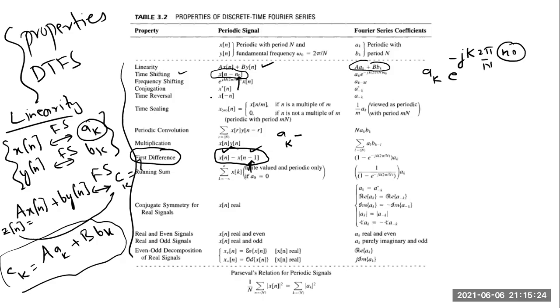Now x of n minus 1 corresponds to a time shifting operation, and we already know time shifting has this effect. So it will be ak e raised to power minus jk 2 pi by N, where n naught is equal to 1. Then I can take ak as common: ak times 1 minus e power minus jk 2 pi by capital N, which is exactly this one.